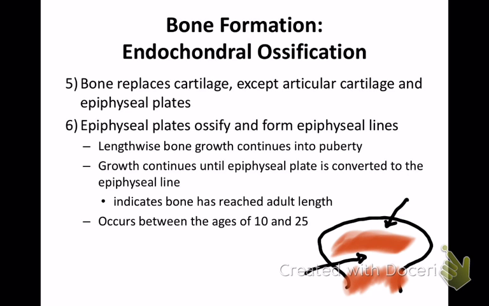Okay? The cartilage that's on the surface persists. That's your articular cartilage. And it stays, we hope, lifelong. If you lose that, you've got osteoarthritis, which is degenerative joint disease and can cause the bones to actually fuse together, and that's not a good thing.